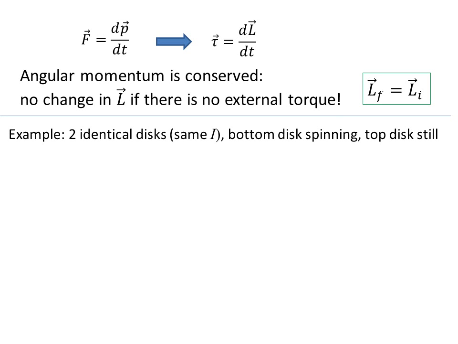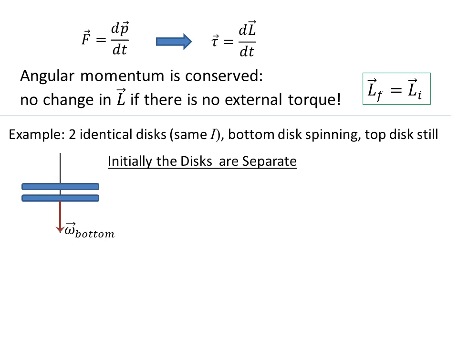We have two identical disks, so they have the same moment of inertia. The bottom disk is spinning, but the top disk will be still. So initially the disks are separate, and the bottom disk is spinning, so it has an angular velocity omega sub bottom, pointing downward, for example.